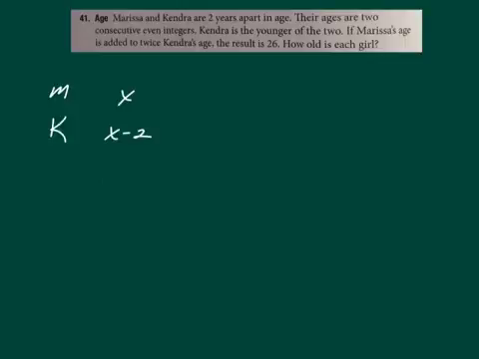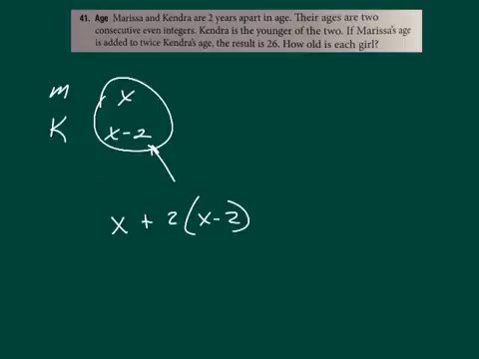So we've got their ages. Kendra is the younger, so we took 2 away from hers because they're 2 years apart. Marissa's age is added to twice Kendra's age, and the result is 26. So that's X plus 2X minus 4 equals 26.